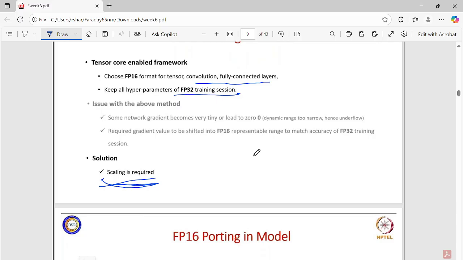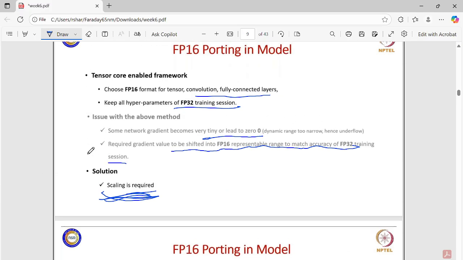Some of the network gradients become very tiny or zero. So the gradient values are required to be shifted to the FP16 representable range from the FP32 training. So the solution is scaling and porting the model.